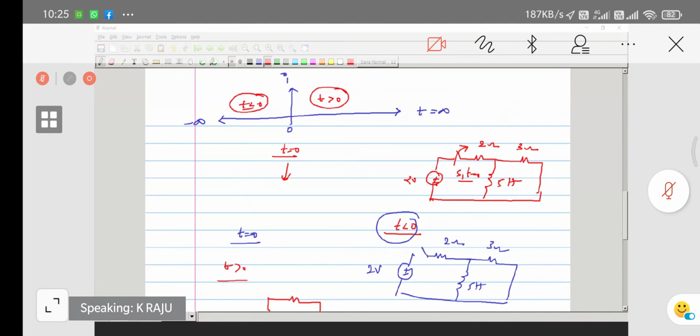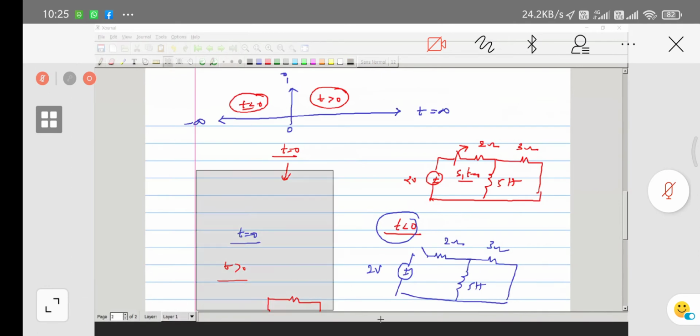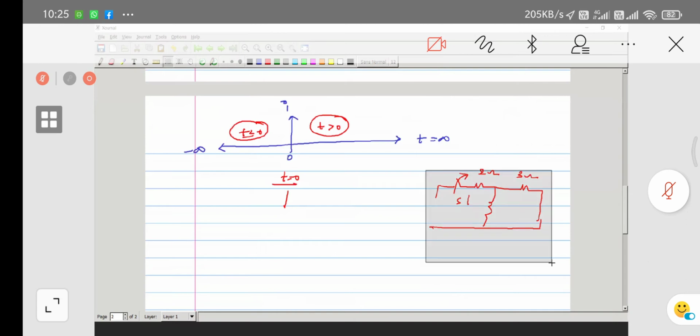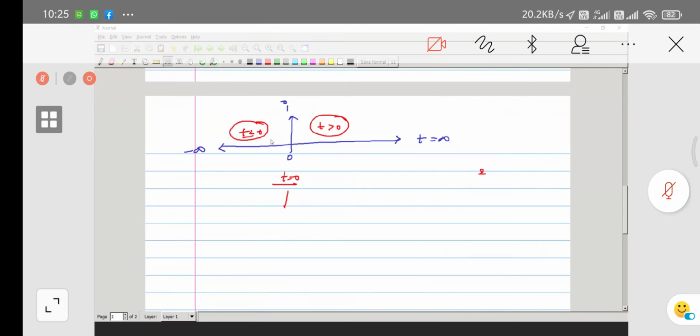Just keep these two things in mind: how the circuit behaves at the switching instant, after the switching instant, and before the switching instant.